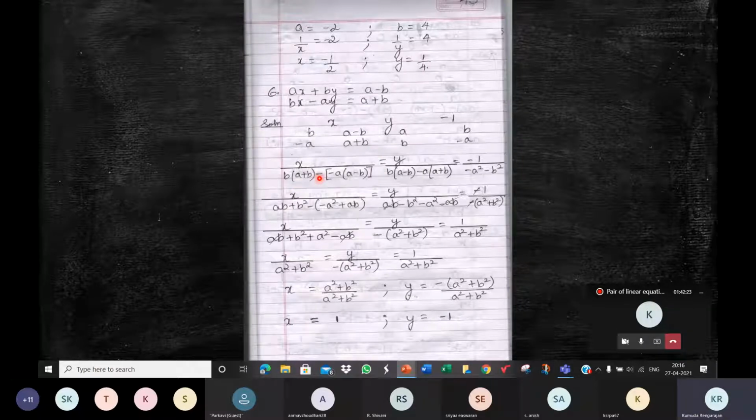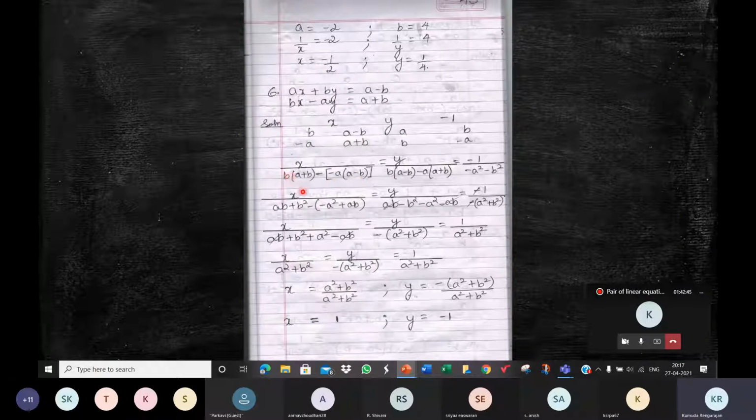I'm not talking about this minus sign now. Look at the other product, minus a into a minus b. So b into a plus b is what you see in one bracket, and minus a into a minus b is what you see in this bracket.